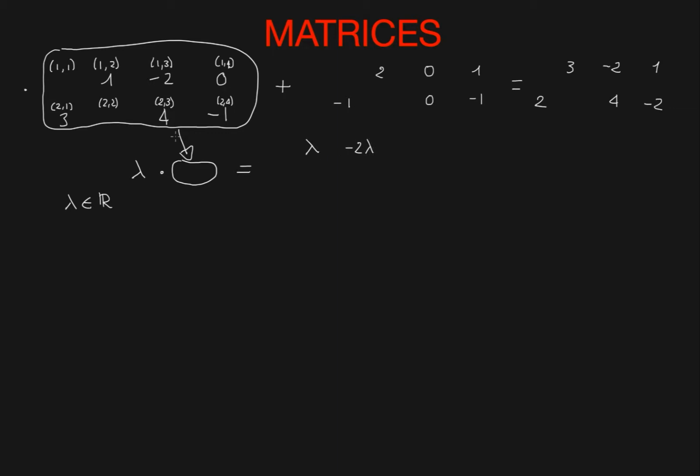And then we have 0 times lambda, 0. The second row we have 3 times lambda, 3 lambda, and then blank, and then 4 lambda. And the last one will be -1 times lambda, so negative lambda.